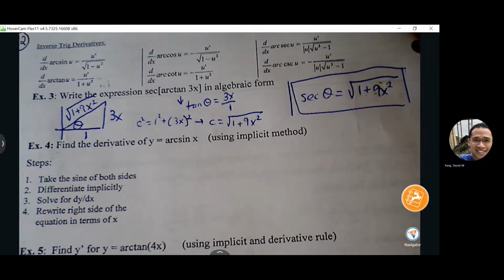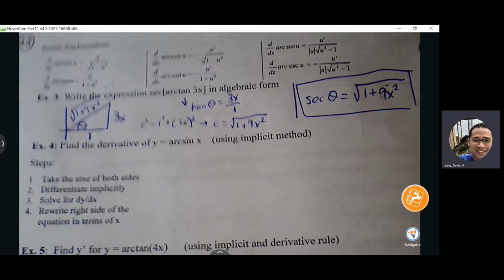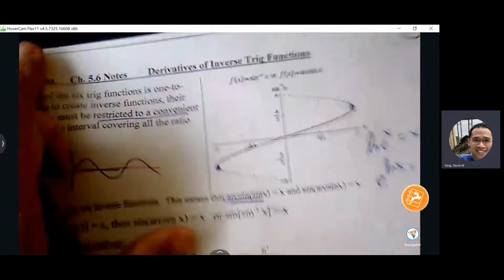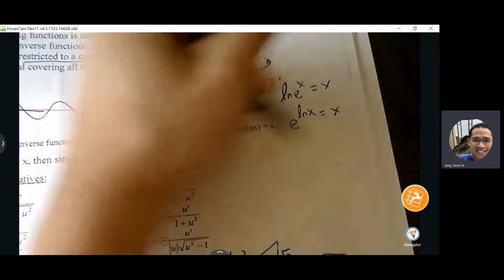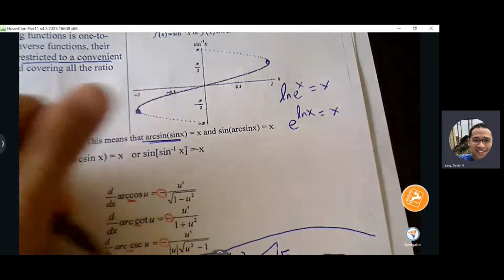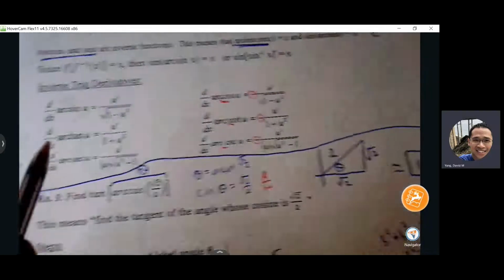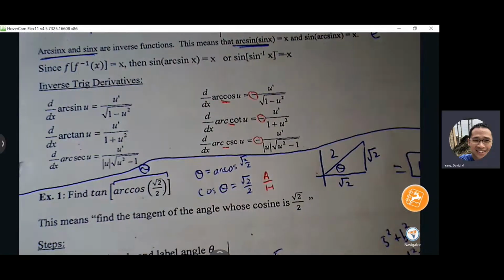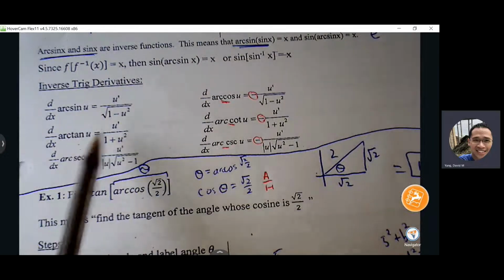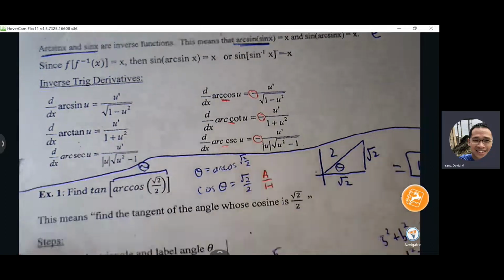Okay. Let me backtrack a little bit. Let's go back to the rules. And I just want to use this space to talk a little bit about my derivative rules here. So I briefly mentioned that I line up the 6 derivative rules the same way that I do with my trig functions.